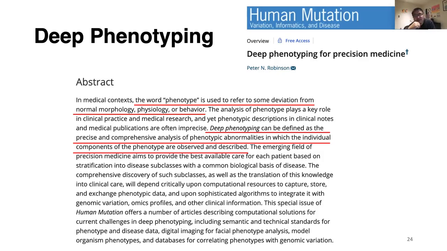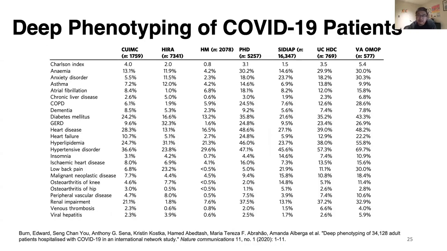So with the identification of the subphenotypes or the deep phenotypes, we hope to understand the disease better so that we can develop targeted treatment or management plans for patients with distinct clinical or phenotypical characteristics.